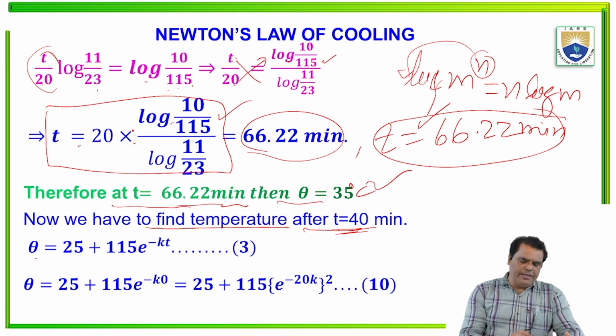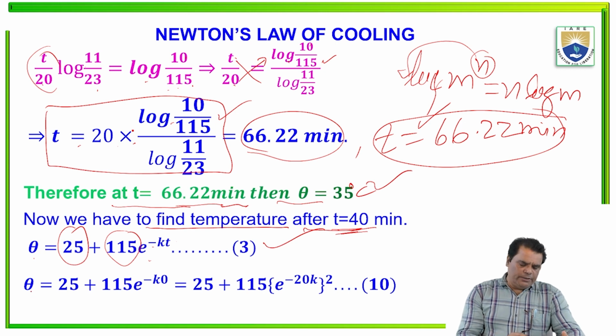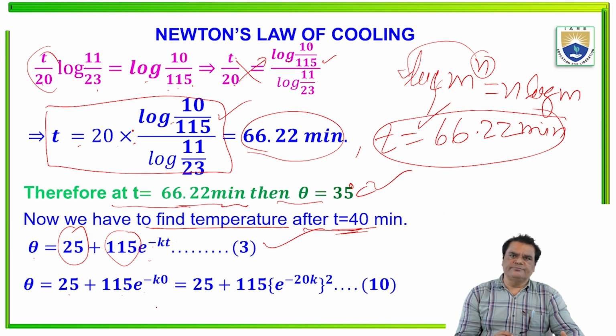So again, we apply here theta equals the temperature of the air plus C e to the power minus kt. This is equation 3. Taking this equation again, theta equals 25 plus 115 e to the power minus kt.